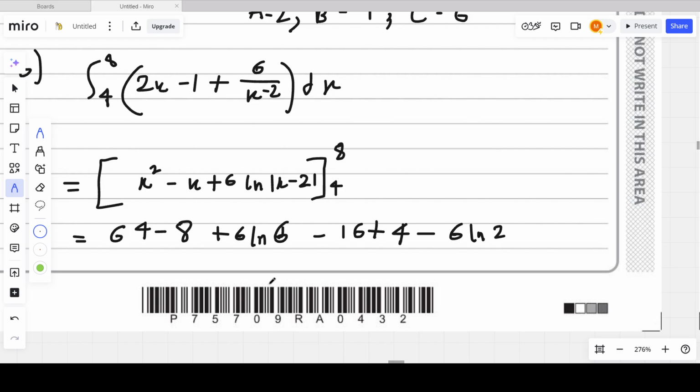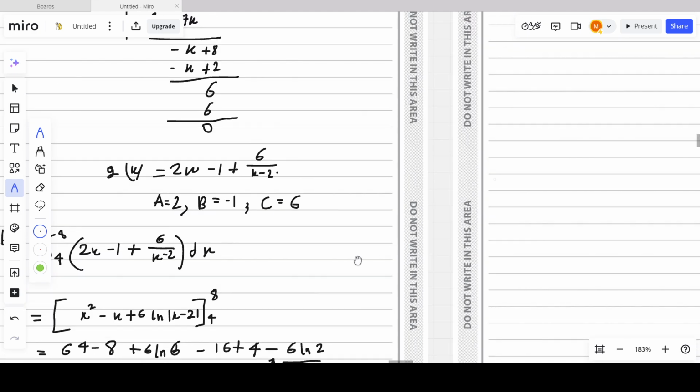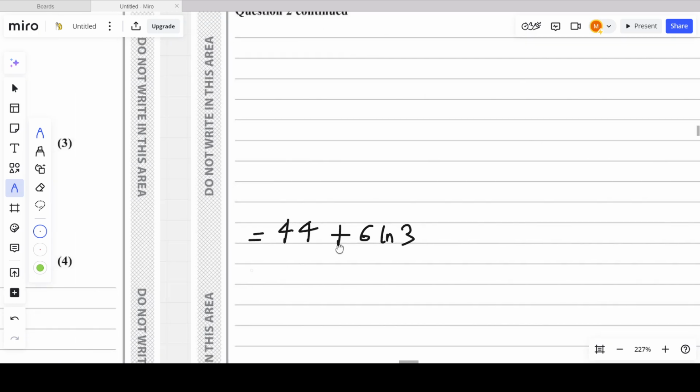So 44, and the remaining is plus 6 ln 6 and negative 6 ln 2. We can take 6 common from both, and then ln 6 divided by 2 gives ln 3. So we get plus 6 ln 3.